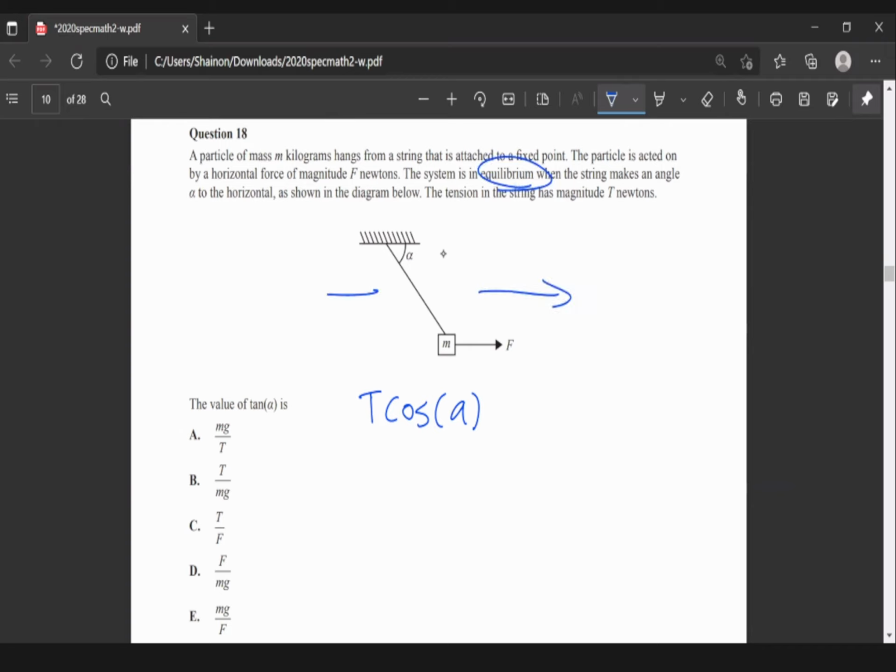So this is going to equal this, and this is going to equal this. So T cos theta, the tension, is equal to F, and vertically T sine theta is equal to mg.